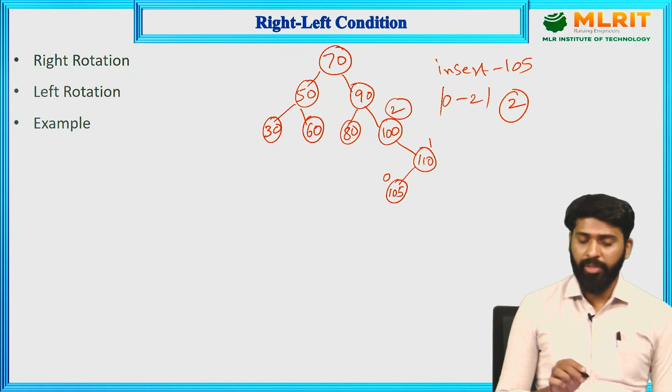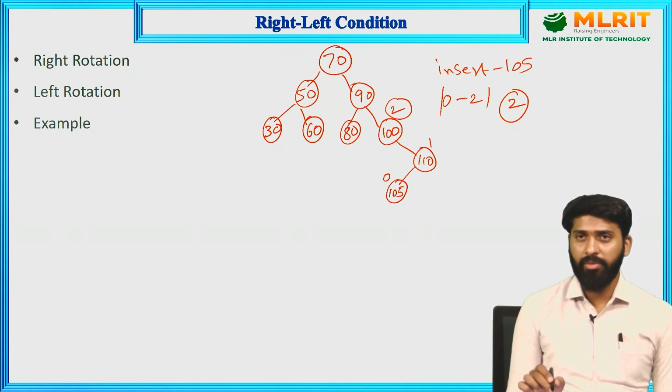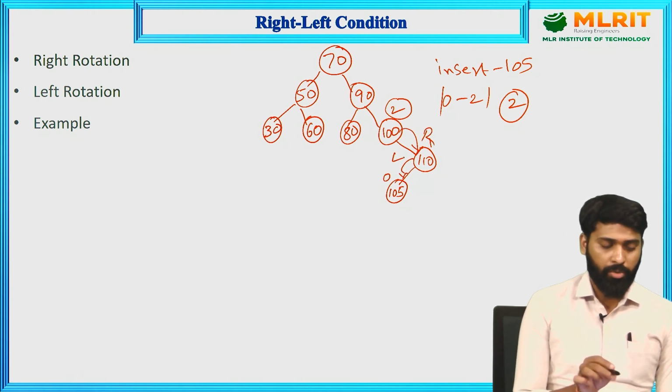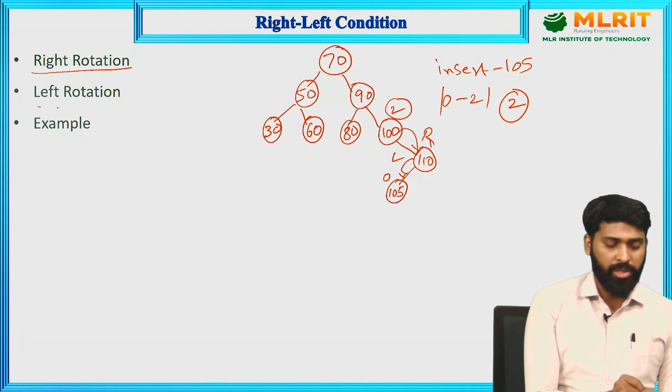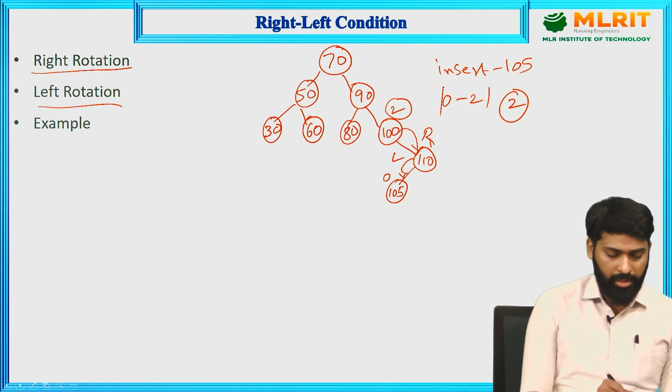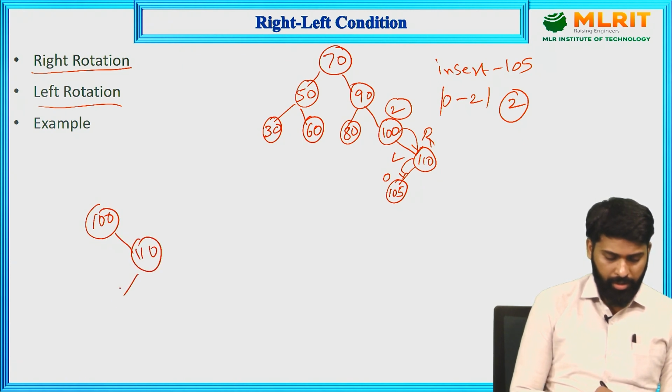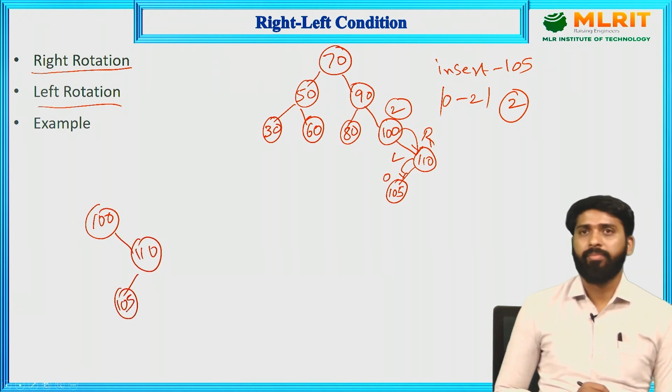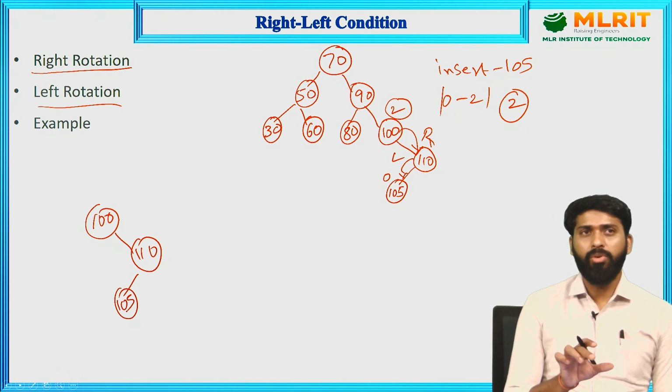Now identify the condition. In which condition does it violate? Right, and this is the left. So the rotation is right rotation, then left rotation. Consider 100, 110, 105. Now rotate to the right side.